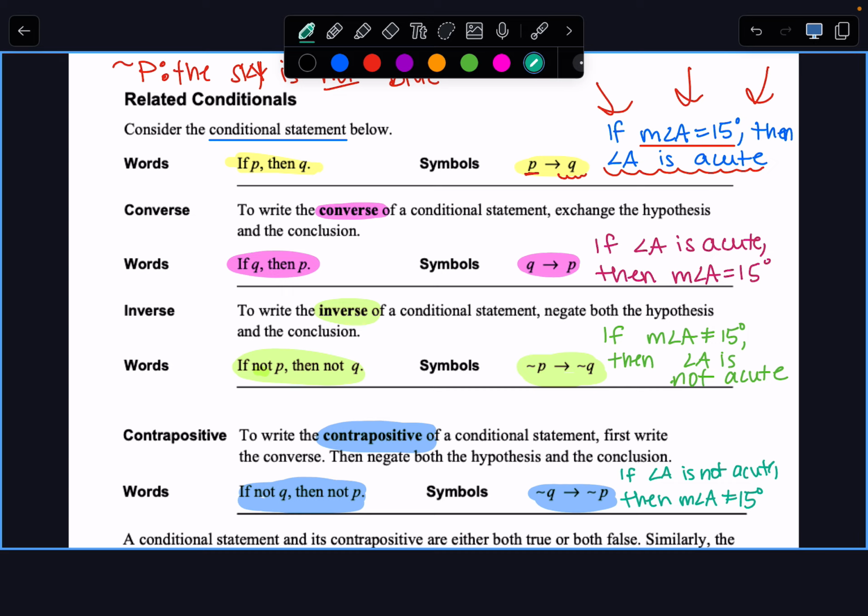Okay, I want you to decide of those four statements, which ones are true and which ones are false. It has to be true all the time. The first one's true. For the converse, it's not true.